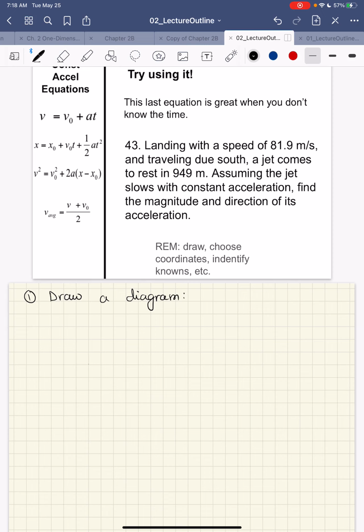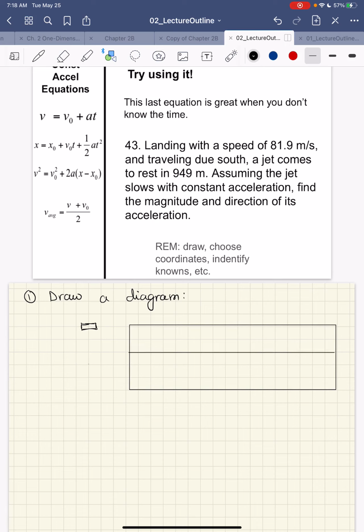then here there is an airplane, and that airplane is just landing. Then let me also have my quantities here. My V0 here was 81.9 meters per second.